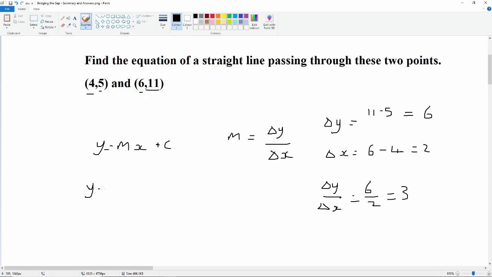So y is equal to 3x plus c. Now, what is c? Well, let's plug 4, 5 in, why not? So 5 is equal to 3 times 4, because x is equal to 4 and y is equal to 5, and that's plus c.